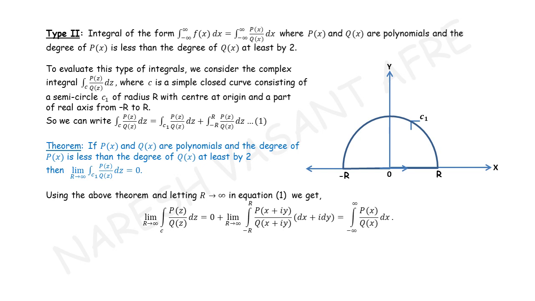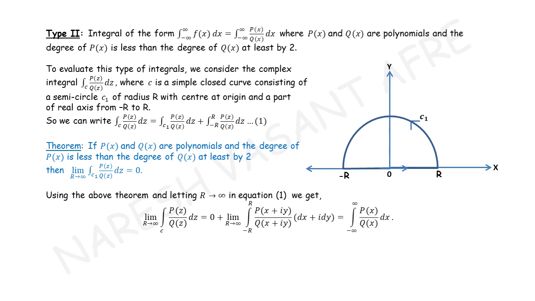Okay, now let us understand the left hand side of this equation that we have got. As R tends to infinity, this C will cover the whole upper part of the plane, correct? Because C consists of a semicircle of radius capital R and some part of real axis from minus R to R. So as R tends to infinity, you will be able to cover the whole upper part of the plane.